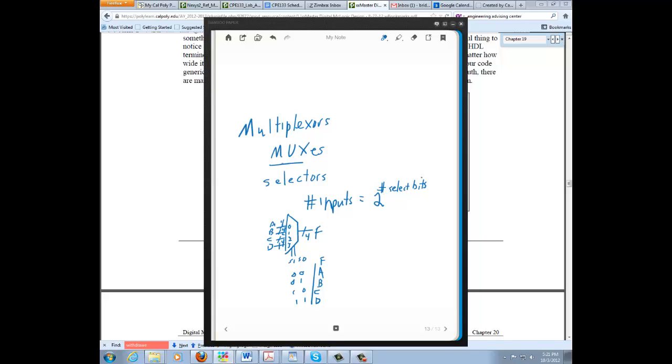If I have 2 select bits, I'm going to have 4 inputs. If I have 3 select bits, I'm going to have 8 inputs, because it allows me to choose among those 8. If I have 4 select bits, then you got it, 16 possible inputs. And you're always going to have 1 output, because you're selecting among all of your choices. This is for a standard multiplexer.